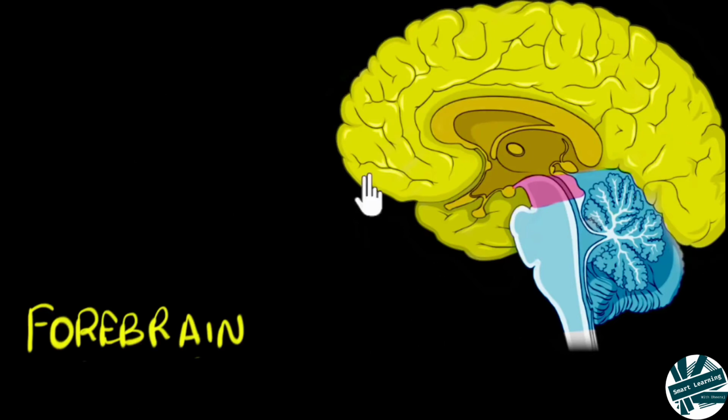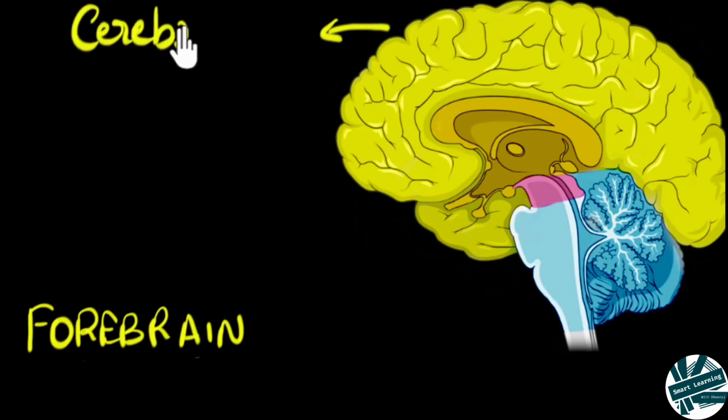So the outer section, this big giant outer section, is called the cerebrum. This whole outer section, which I have colored with light yellow, is the cerebrum. And we're not going to look at further parts of that, okay? So that's the outer section for us.